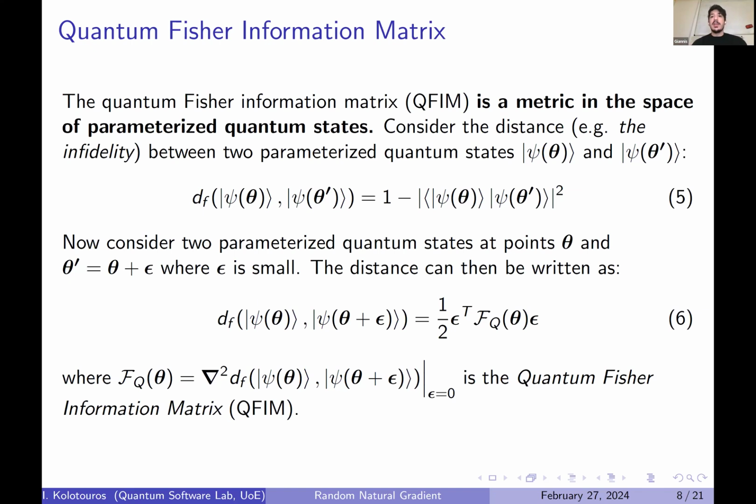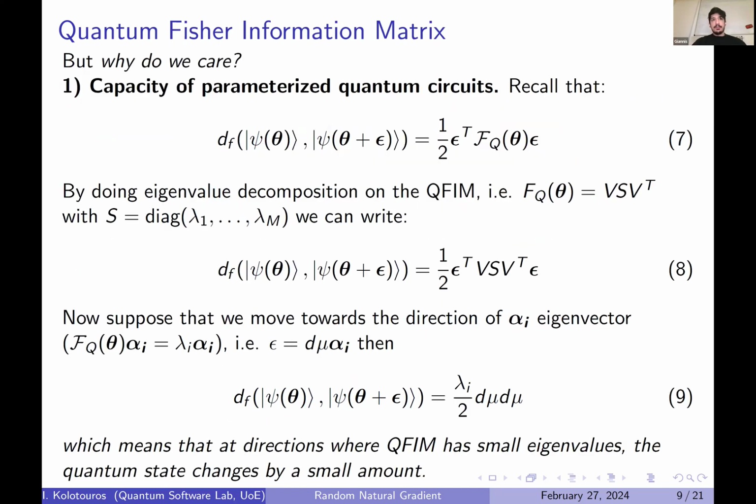So the quantum Fisher information quantifies how your quantum state changes if you change certain parameters. It's a very useful tool, as we will see in the next few slides. Let's discuss why it is so important.